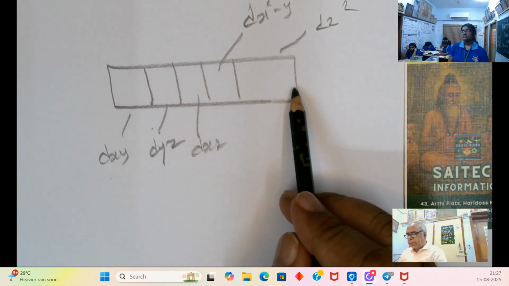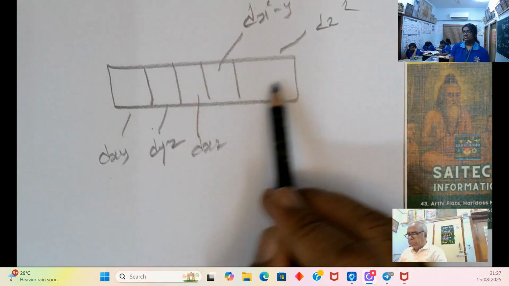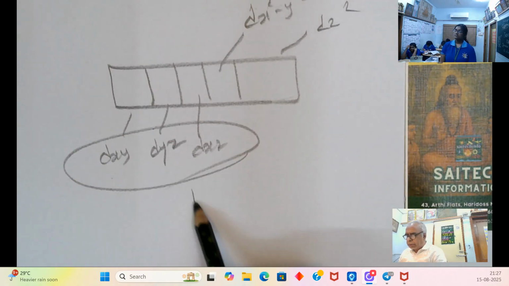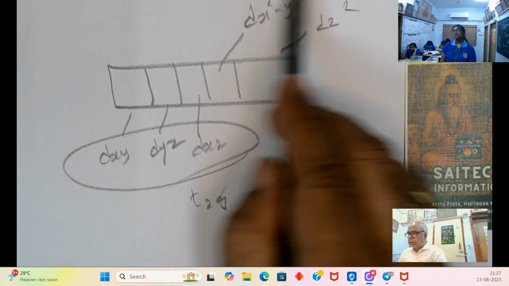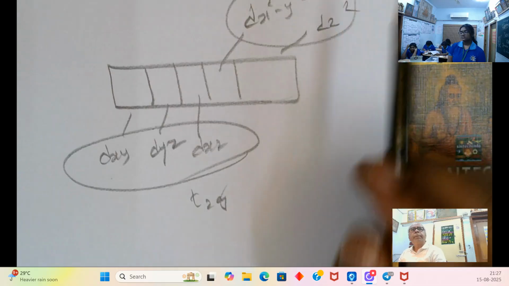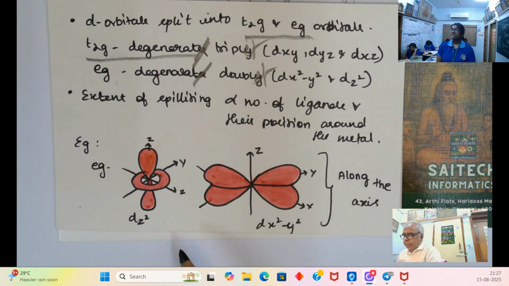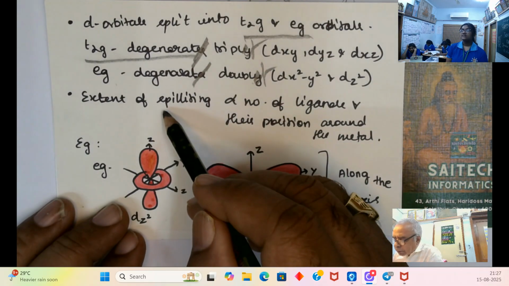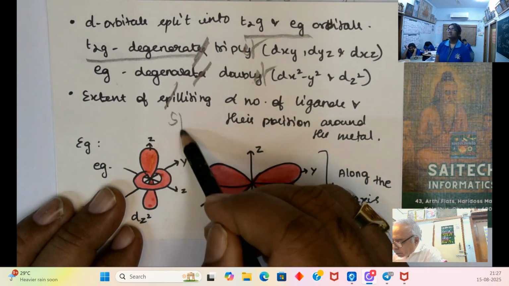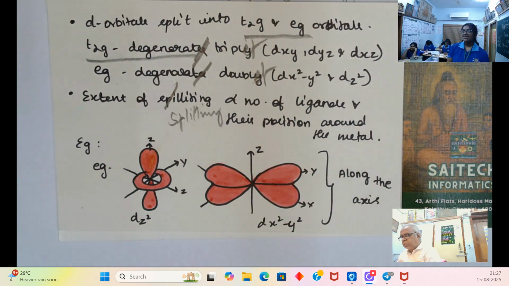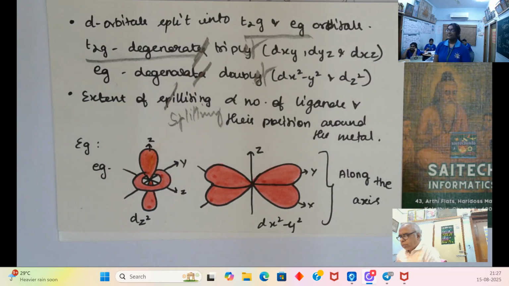When the d orbitals split, these are called triplets, t2g, and these are eg. The extent of splitting is proportional to the number of ligands and their position around the metal. These are the eg, the doublets.